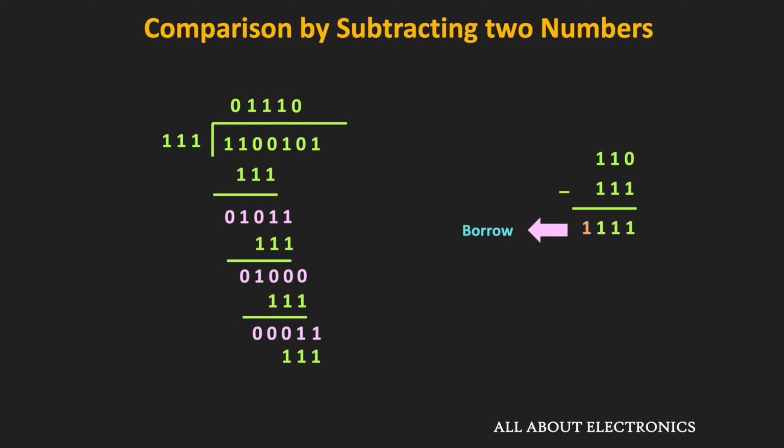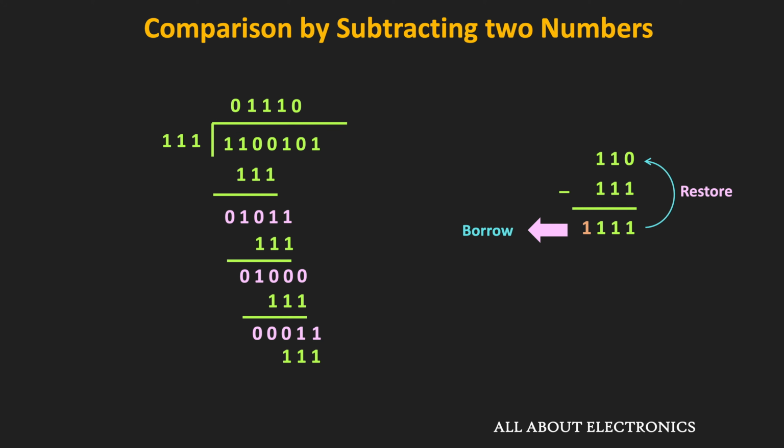So if there is any borrow after the subtraction, then our subtraction is invalid, and simply, we need to restore the original value. But if there is no borrow, then our subtraction is correct. And in that case, there is no need for restoring the earlier value. So that is how we can combine the compare and the subtract operation.